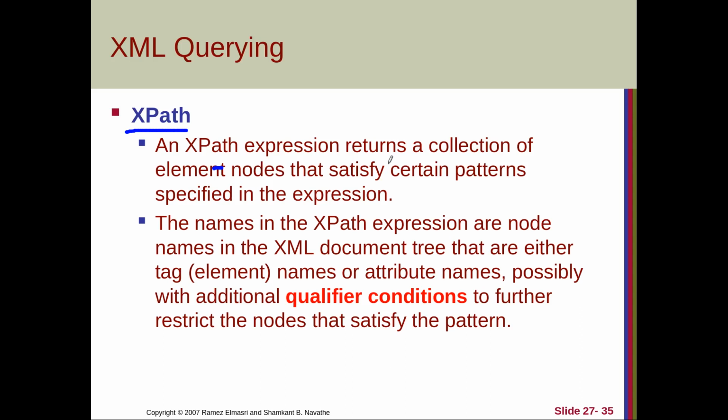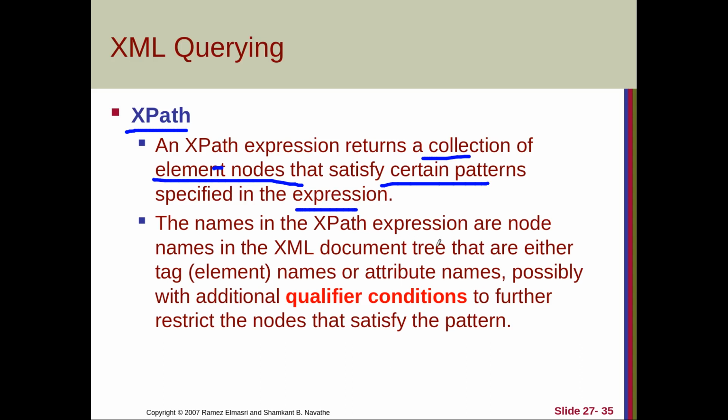It is an expression that returns a collection of element nodes that satisfy certain patterns that is provided in the expression. So XPath is used to return a collection of element nodes that satisfy certain patterns.